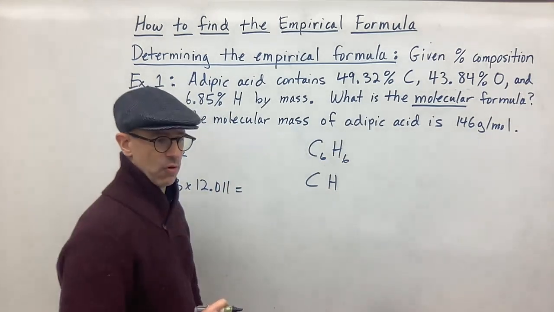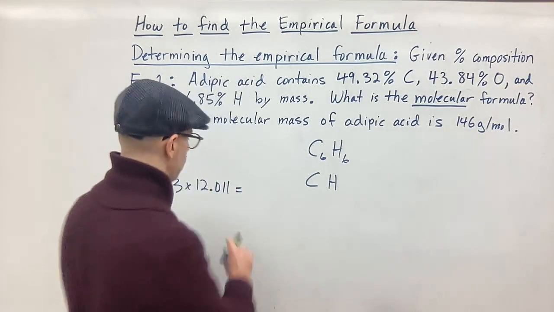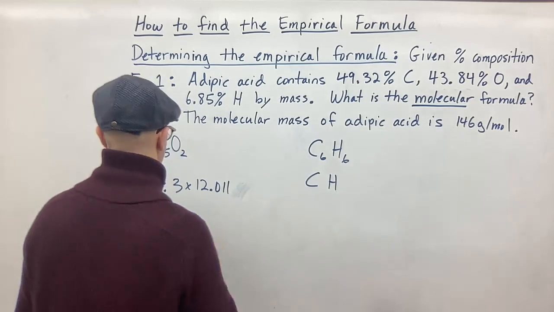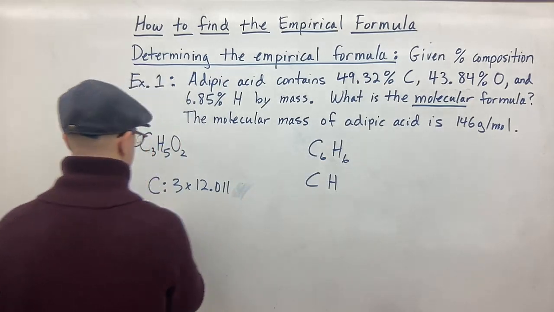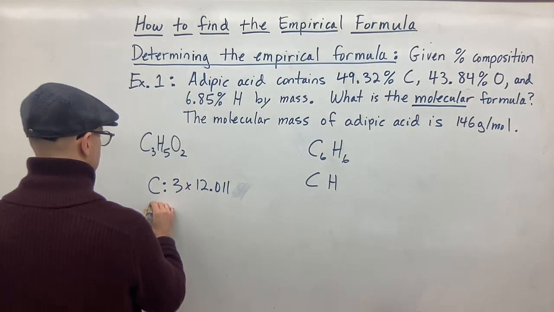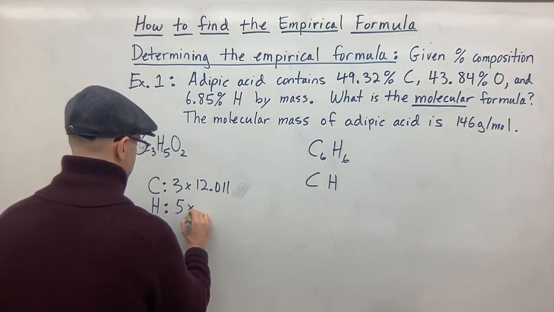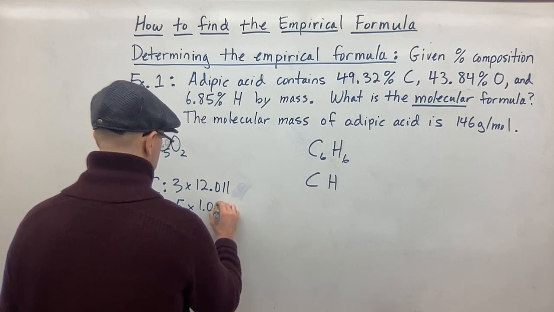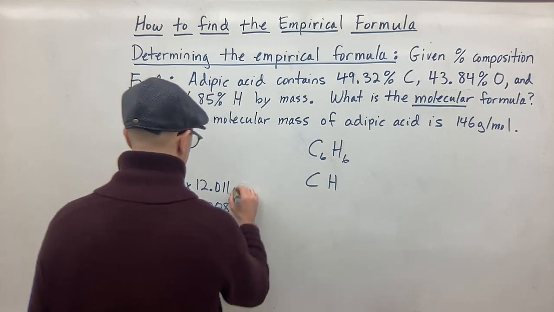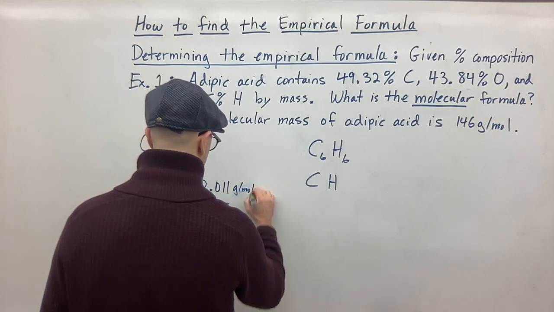For hydrogen, we're going to multiply 5 times 1.008, and this is grams per mole.